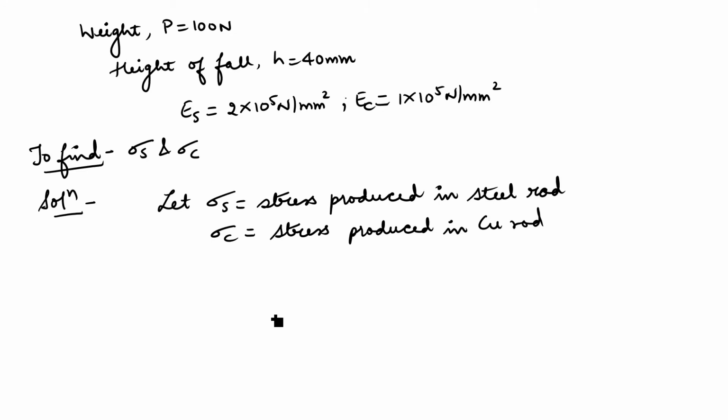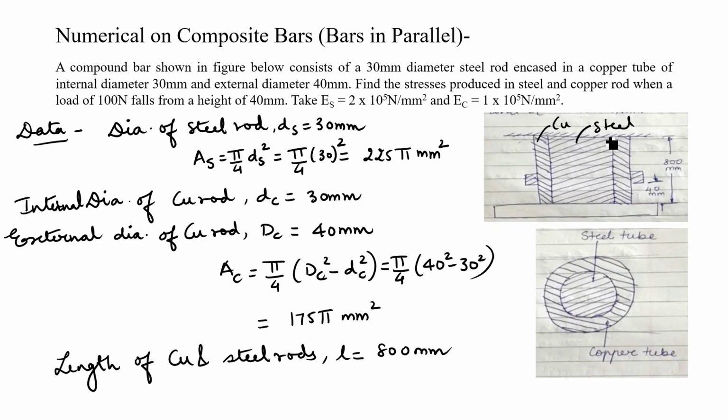Now, since both the ends are fixed together, I can say that the strain, you can see here there is a fixed line, and obviously this is also a fixed line on which the load is going to fall.